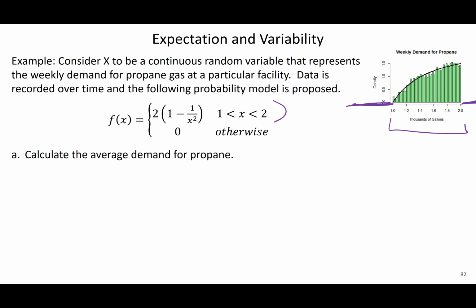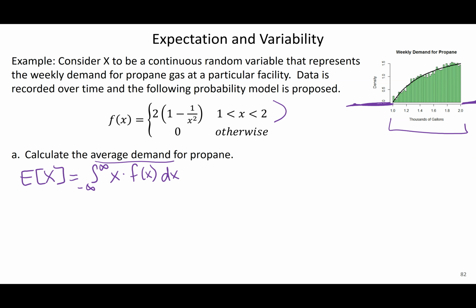If I want the average demand, language-wise, if we say average or expected value, we are looking for the expected value of x here. So the expected value of x, if I go from negative infinity to positive infinity, is the integral of x times f of x dx. And I think we all know at least one calc teacher that's going to totally flip out if you leave out that dx.